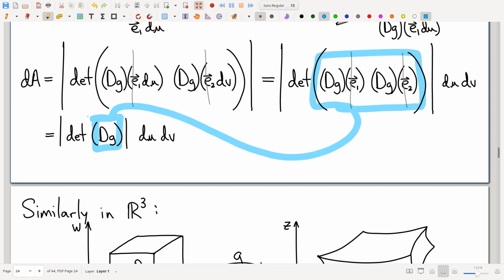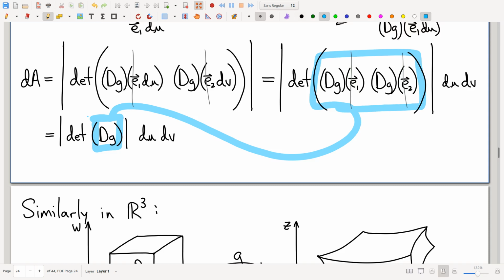So you could write it out in coordinates and it works and it's fine, but I think it's a little bit more elegant to see it as follows. If I want to understand this matrix here, a great way to understand a matrix is to understand the columns of the matrix. So let's look at this first column. The first column is dg applied to the standard basis vector E1.